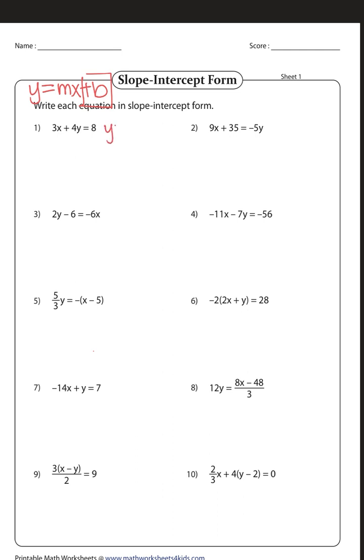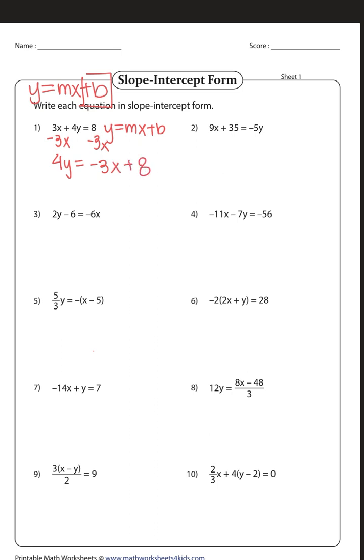So remember, we're trying to make it look like y equals mx plus b. In order to do that, we have to move x or y onto the other side. I prefer to move x, so I'm going to subtract 3x from both sides. I get 4y is equal to negative 3x plus 8.